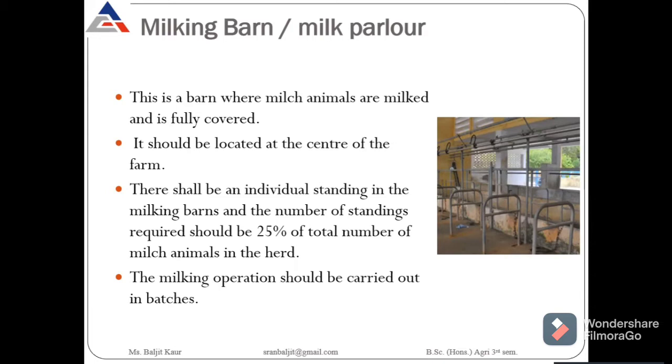The barn should be located at the center of the farm, and there shall be individual standing in the milking barn, and the number of standings required should be 25% of the total number of milch animals in the herd. So there should be proper standing bars in the milking barns, and the number of standings should be 25% of the total milch animals. Milking operation should be carried out in batches, right?